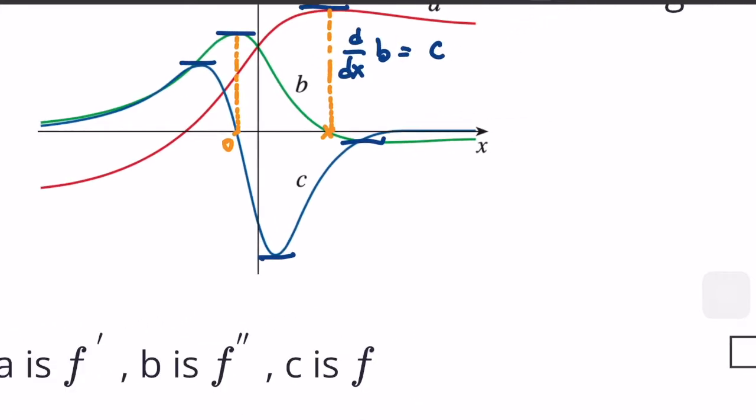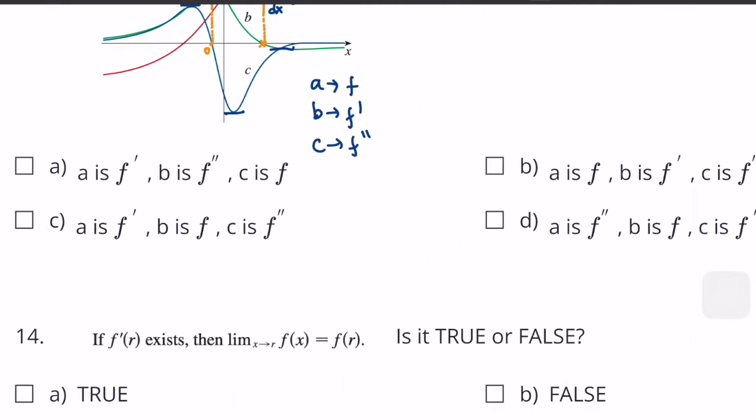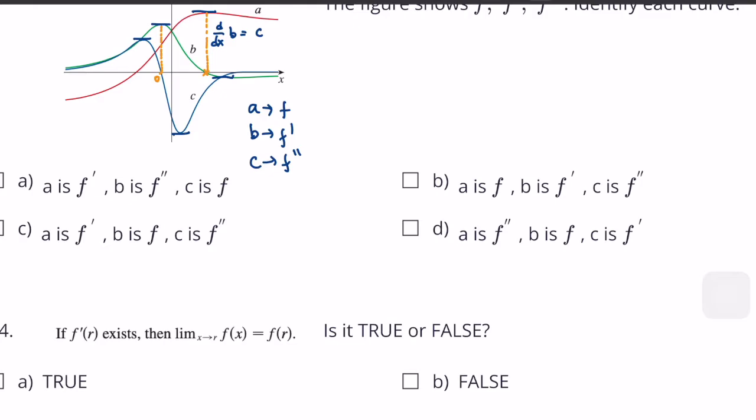So A is f, B is f prime, C is f double prime. And that is our number B here. So this is our answer.